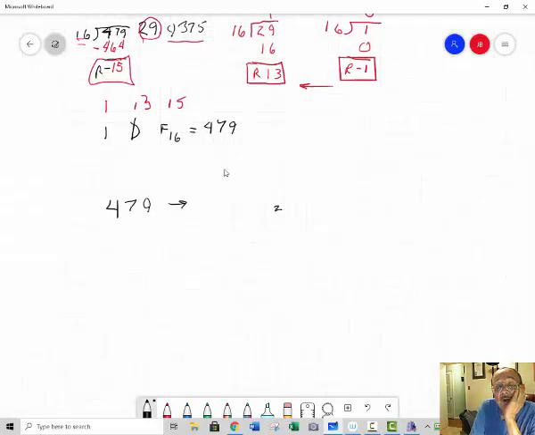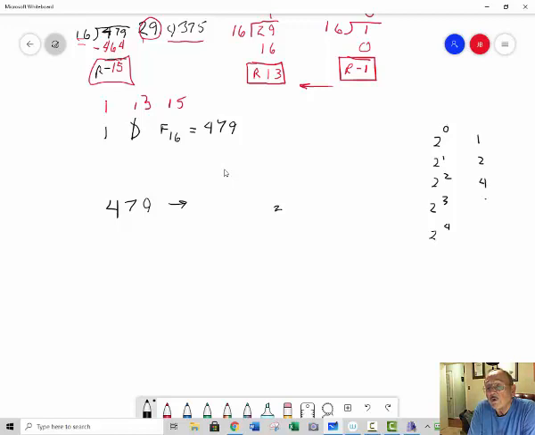What would 479 be base 2? Now I'm going to use the same process that I did up here, except that because 2 is so small, what I'm going to go ahead and look at are the powers of 2. 2 to the 0, 2 to the first, 2 to the second, 2 to the third, 2 to the fourth. What are these numbers?